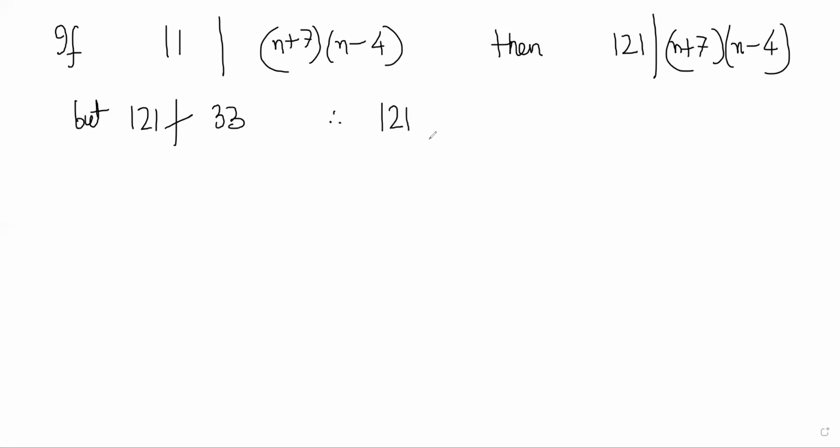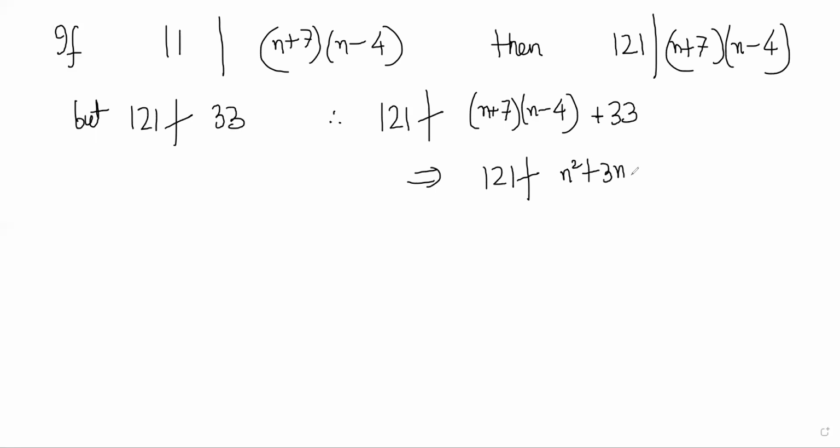Therefore, 121 does not divide n plus 7 n minus 4 plus 33, right? Which implies 121 does not divide n square plus 3n plus 5.